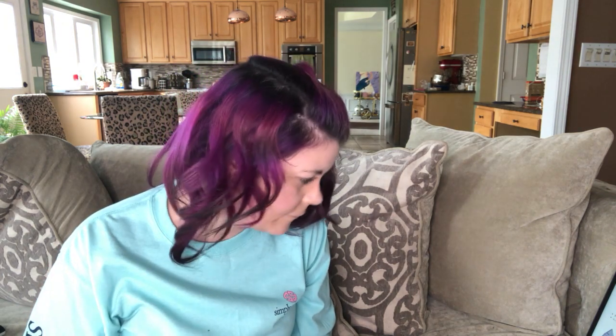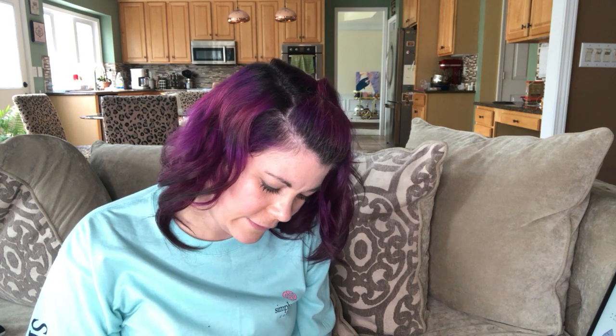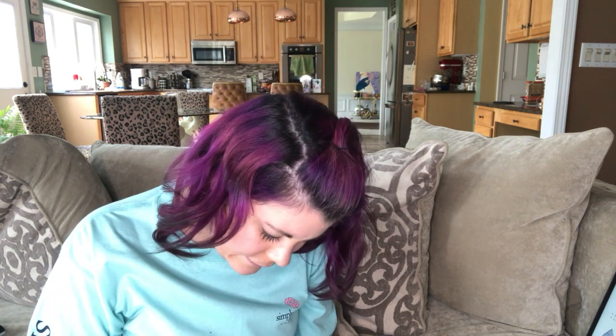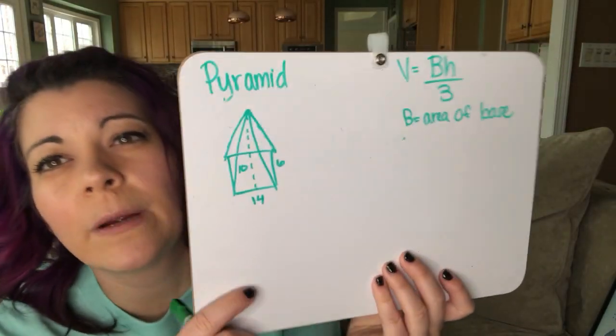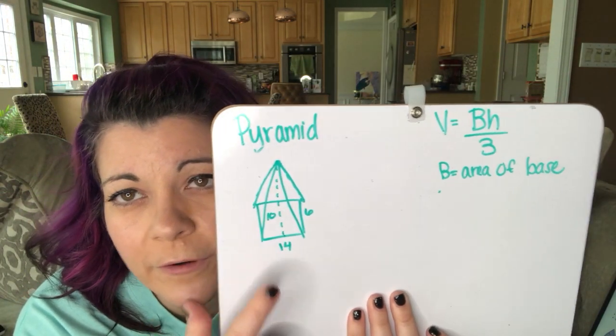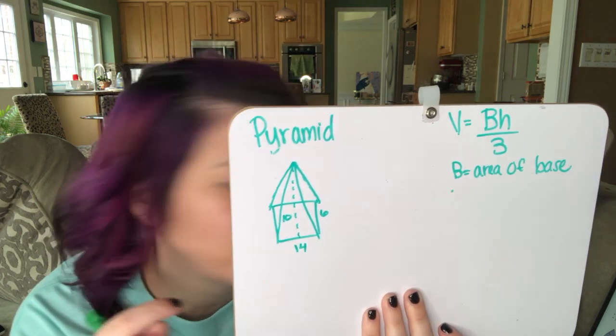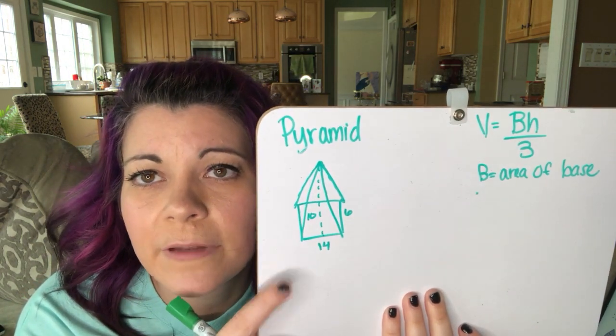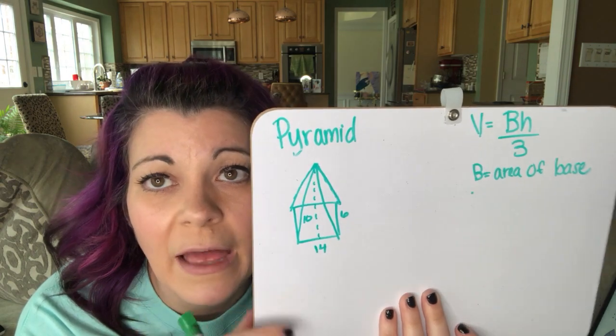Square pyramid, 14, 6, and then the height of the pyramid is 10. Well, I guess not a square pyramid, a rectangular pyramid. A 14 by 6 rectangle, and then the height of the pyramid is 10.